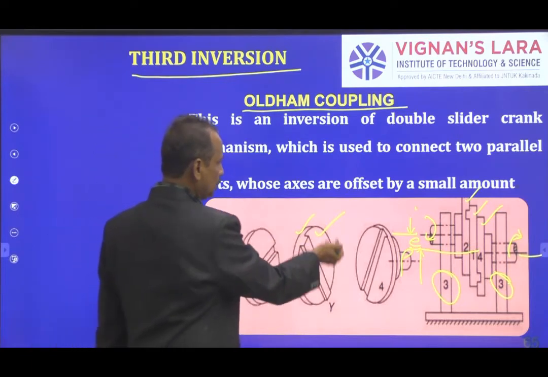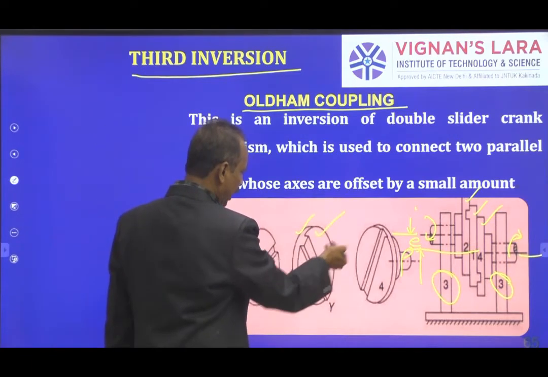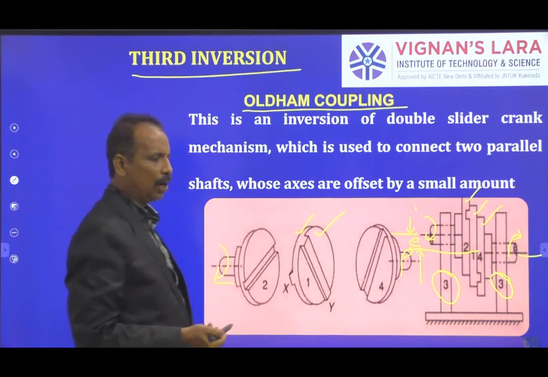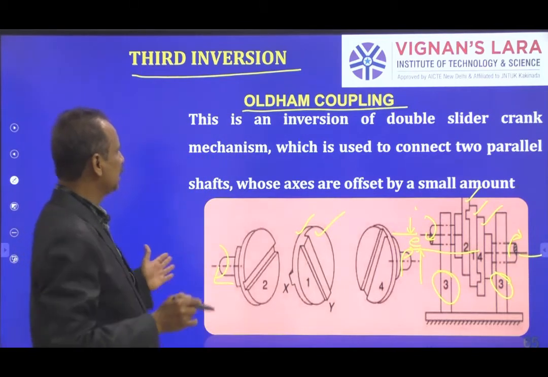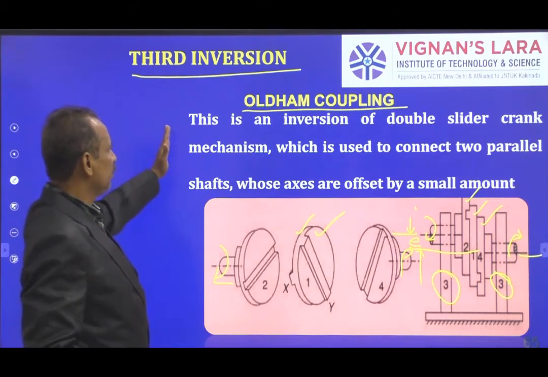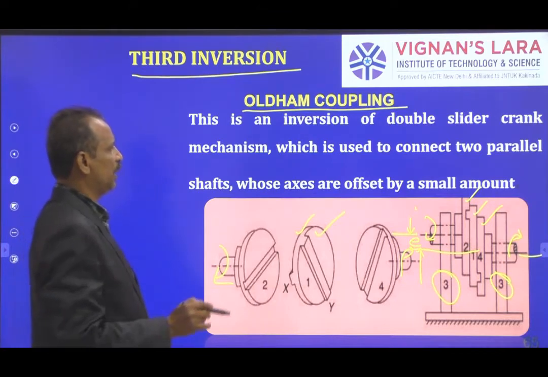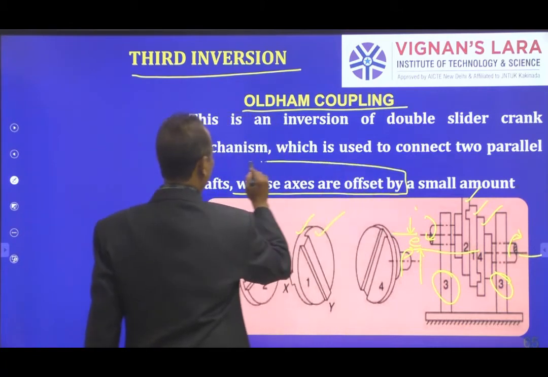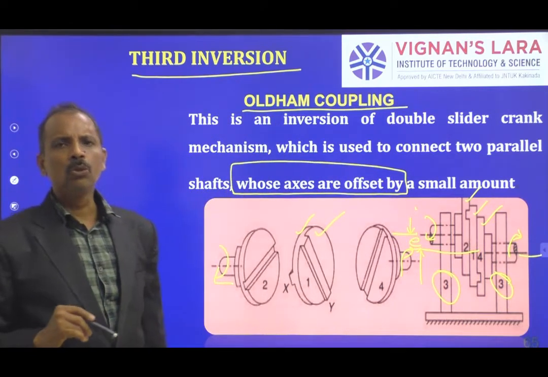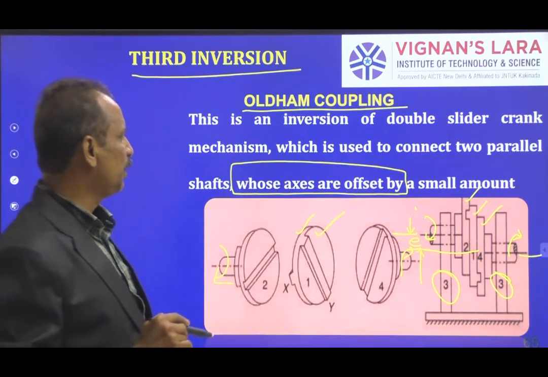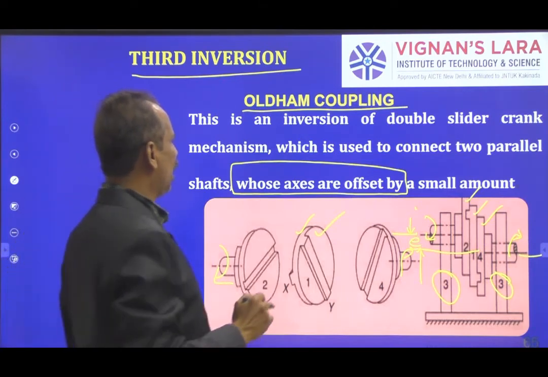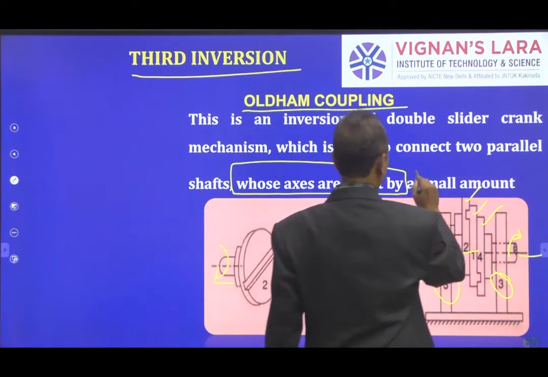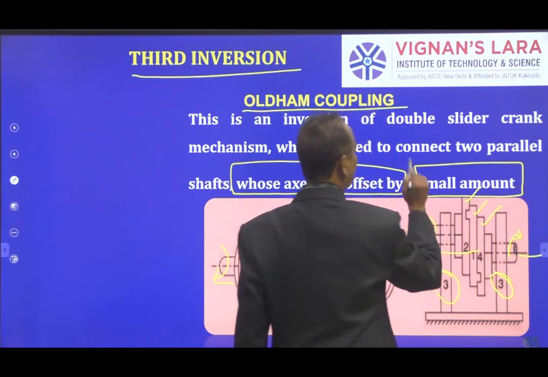It moves vertically up as well as horizontally. It guides, which is quite a commonly used mechanism to overcome the offset of 2 shafts to transmit power, and the offset should be a small amount. It's not a very big amount.